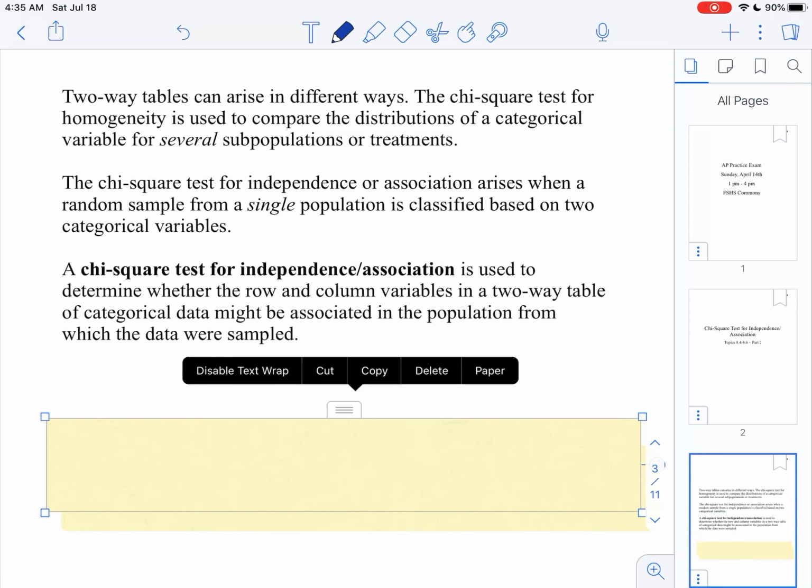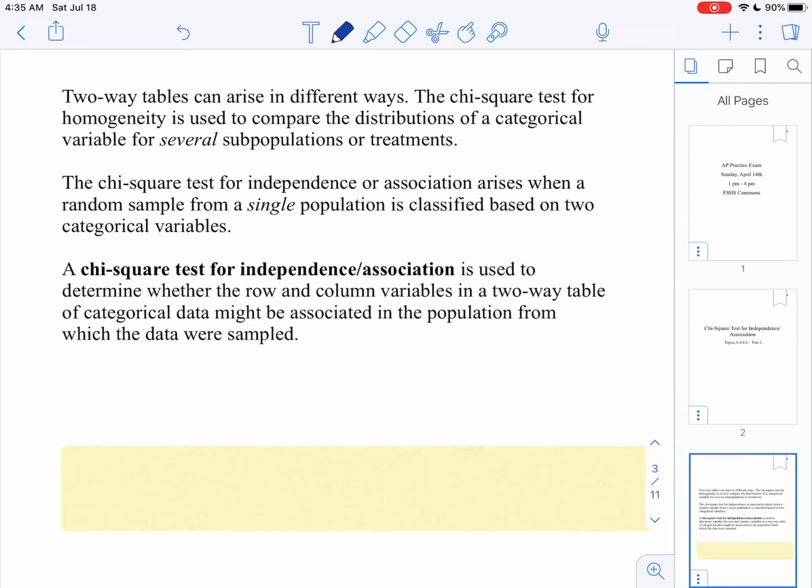So a chi-square test for independence or association is used to determine whether the row and column variables in a two-way table of categorical data might be associated in the population from which the data were sampled.